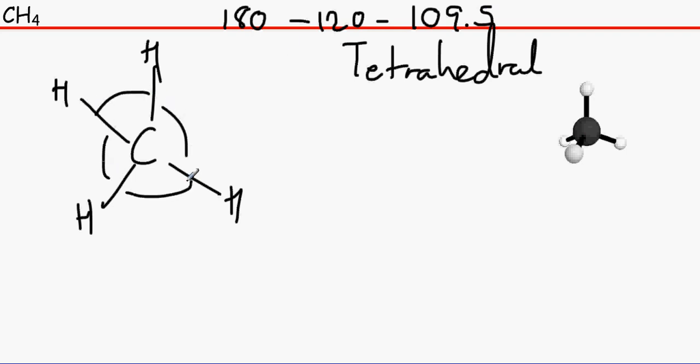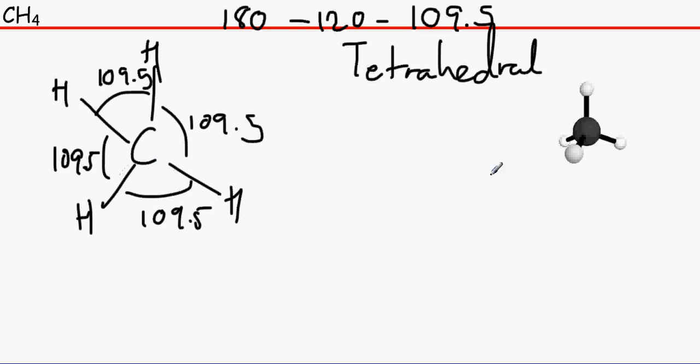109.5. And as you may know, if you are a great mathematician, you'd find out that these don't add up to 360. Why? Because they are not planar. This is not tetrahedral planar. There is no such thing as a tetrahedral planar in AS Unit 1 level chemistry. No, it's actually put in a way that would not be able to just stick flat on the mirror in front of you.